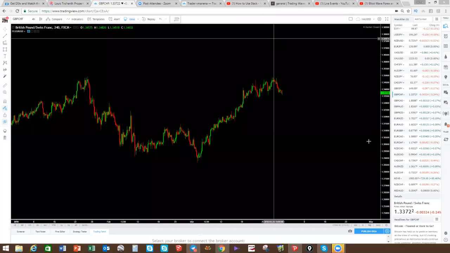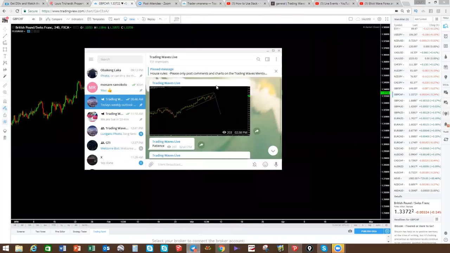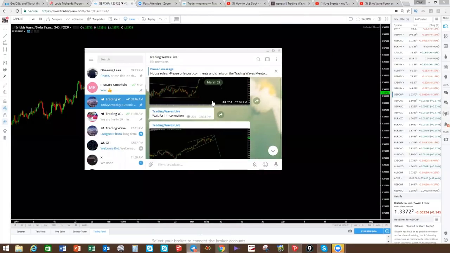We're actually short on all the US dollar pairs, pound pairs. I think I showed you Pound US dollar as well. Let's just go back here. Those pound pairs are all here.